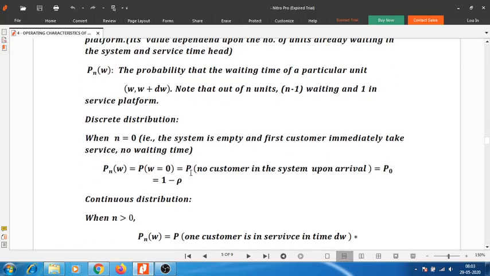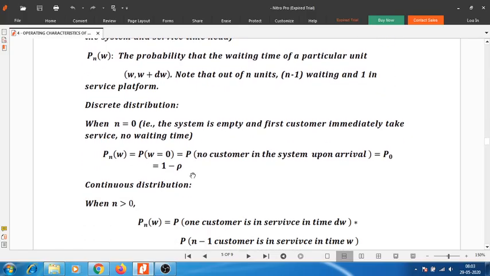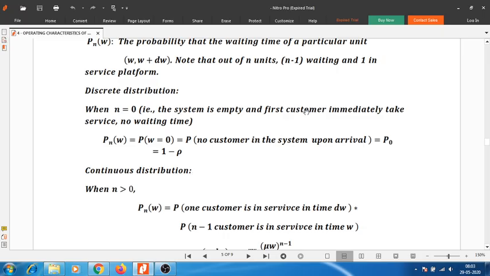Right. Now, if we derive that probability distribution, suppose n takes a particular value, n is equal to 0. It is a discrete number. So now the system is empty and the first customer immediately takes the service, so there is no waiting time. Whenever the first customer enters the ATM counter, is it necessary to wait? No. He immediately goes to the machine and does his activities. Okay, so there is no waiting time.